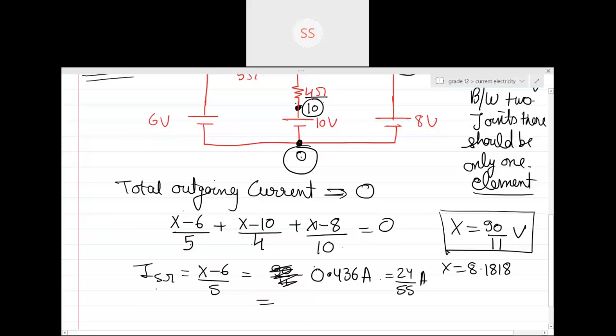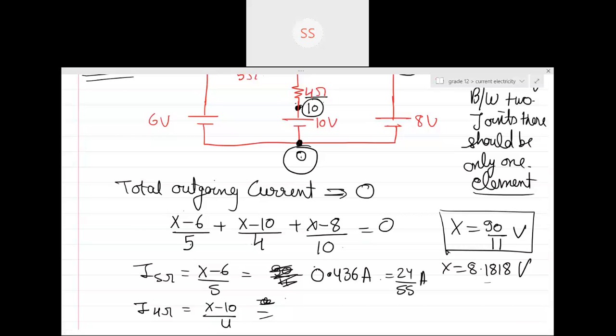The current through the 4 ohm resistor is (X minus 10) divided by 4, which is basically 8.18 minus 10.